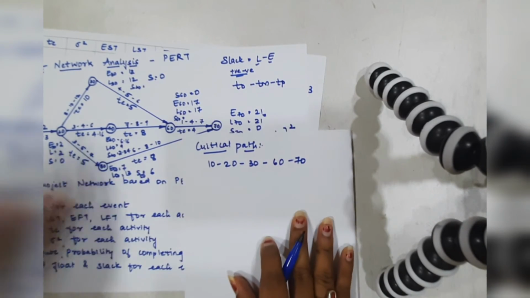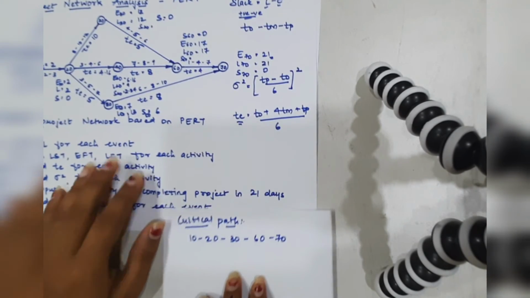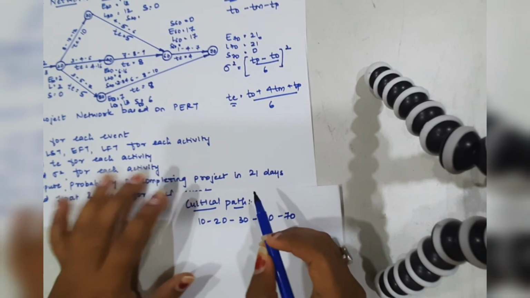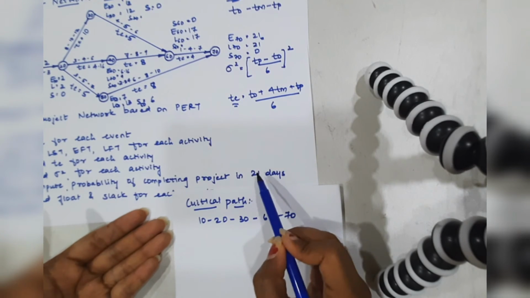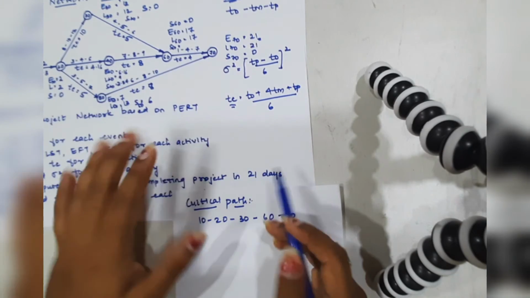Next we need to know, in this question we have been asked the probability for completing the project in 21 days. This is a very tricky question wherein the probability asked is similar to the number of days which is the maximum duration for completing the project.